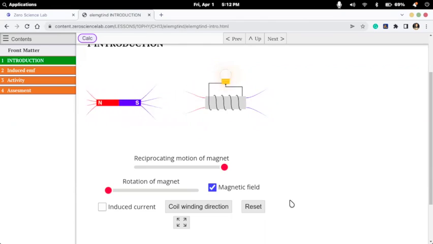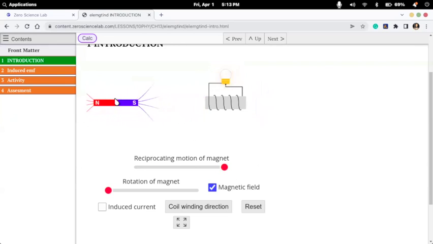In the previous activities you might have observed that the magnet was completely static. If some current is passed through the coil, it becomes a magnet. That's what we understood. Now I am not passing any current through this coil, but instead I am moving the magnet.